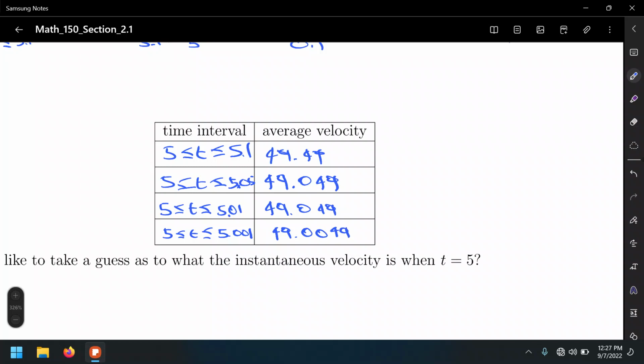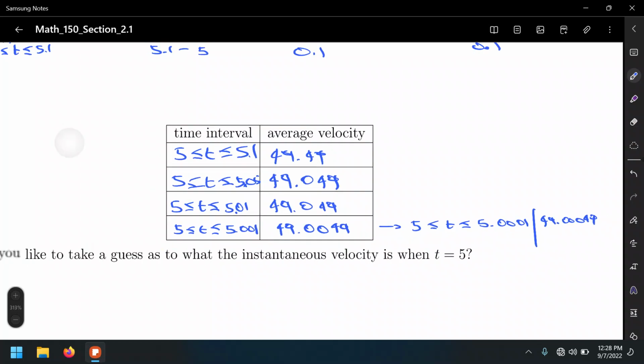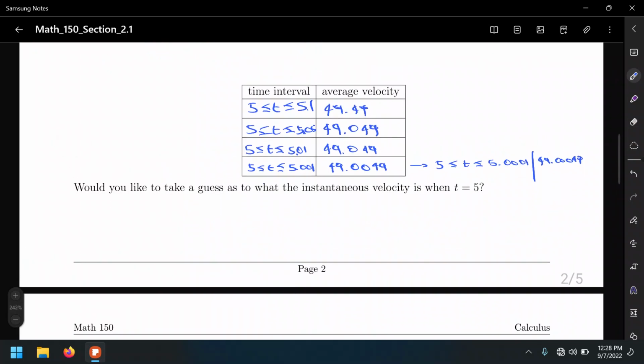All right. Well, maybe if we do from 5 to 5.0001, this would be 49.00049. Okay, looking at these values right here, let's answer the last question.